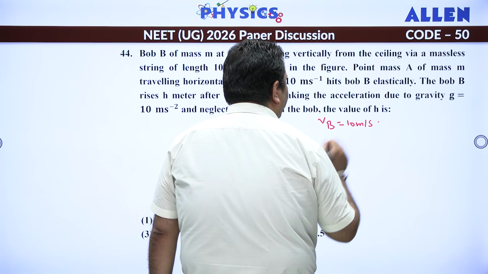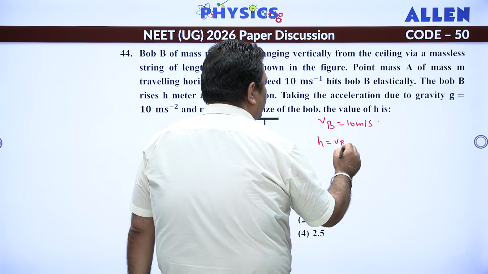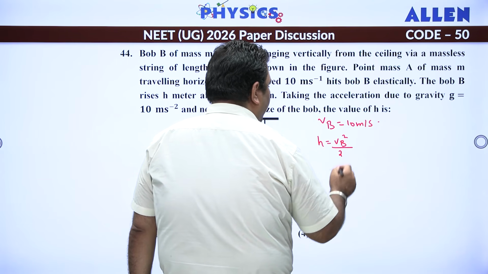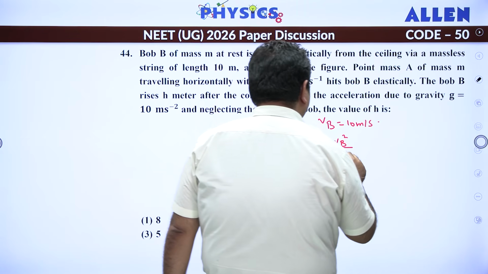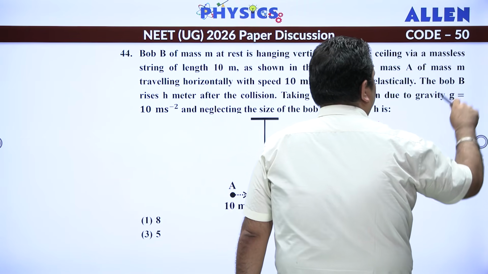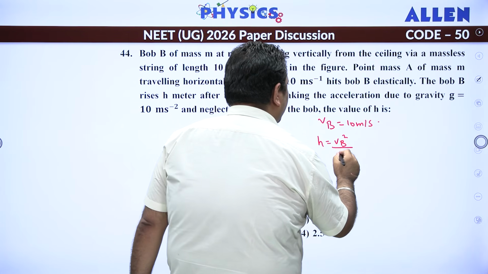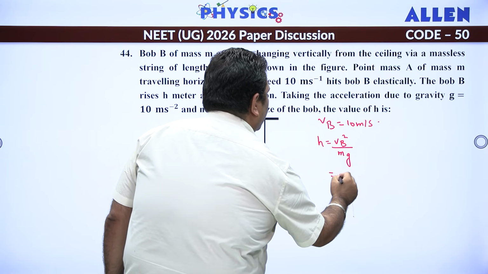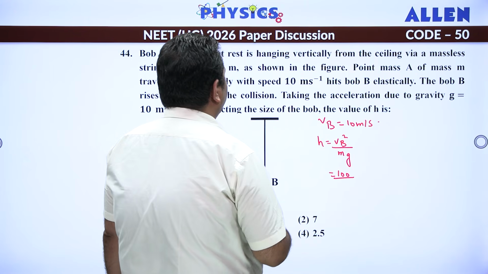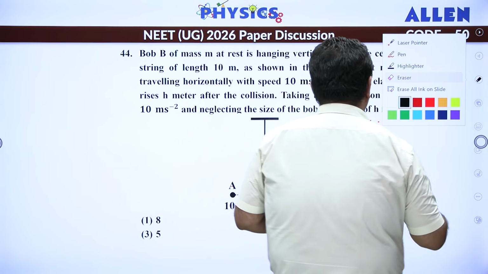Now we have to calculate the height risen. So what is the formula for that? H can be simply written as VB square by 2g. VB comes out to be 10 meter per second in this question.